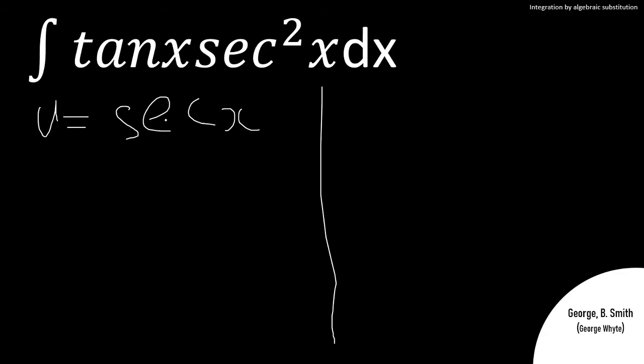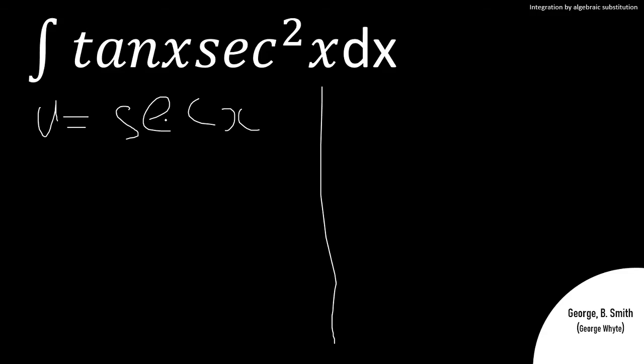The reason it's not going to work out is when you differentiate this, you're going to get du, you're going to get sec x tan x. When you go ahead and substitute, that's going to give you an expression you won't like.